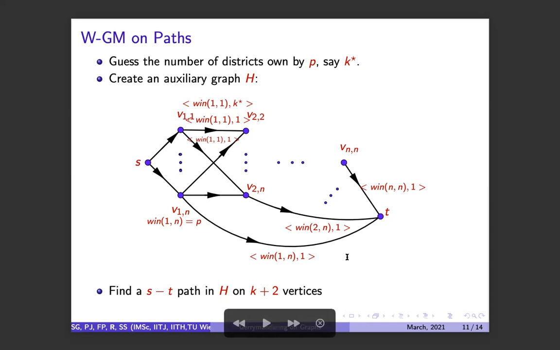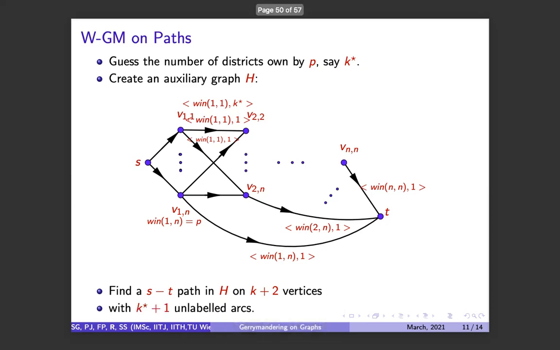On the path S to T, I must have k star districts where P wins, so k star unlabeled arcs. The arcs out of S are unlabeled, so I must have k star plus 1 unlabeled arcs. All the other arcs are labeled, but the labels must be distinct.